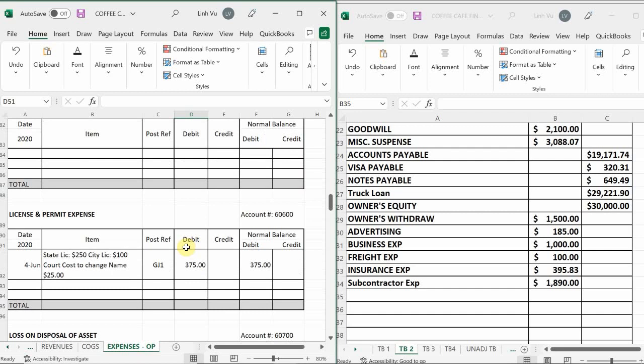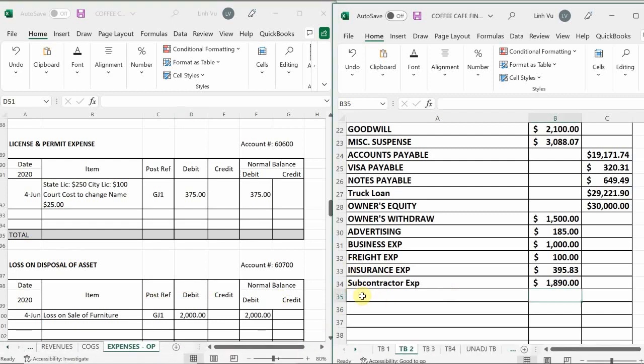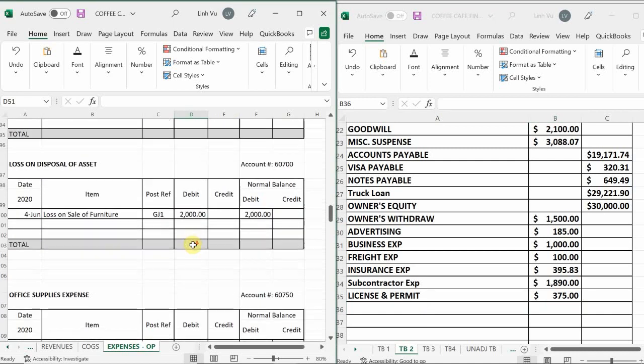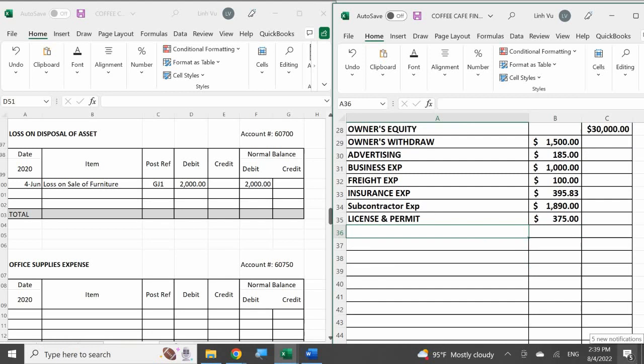Any license and permit expense? Same as before, 375. Did we incur loss on disposal of assets? Nothing new, but we still have 2,000. Loss on disposal of asset for 2,000.